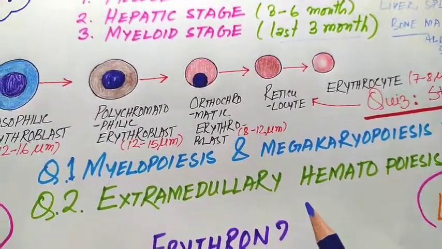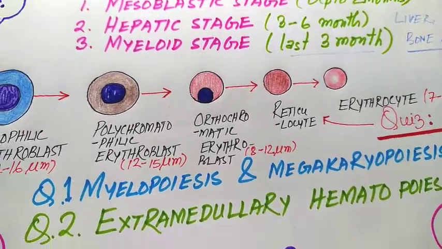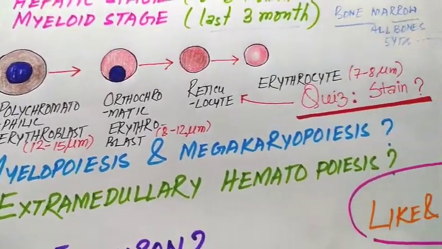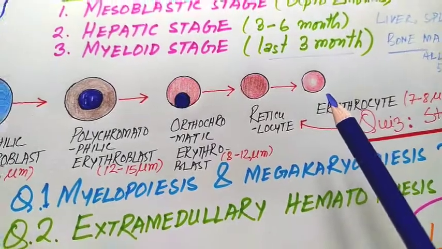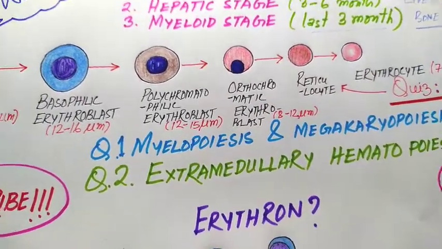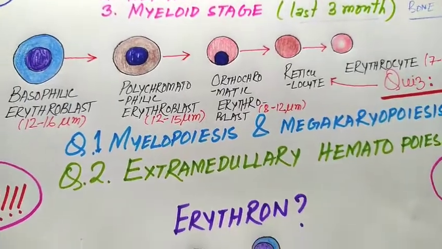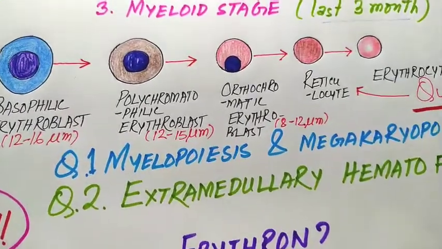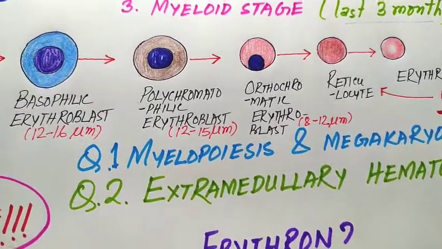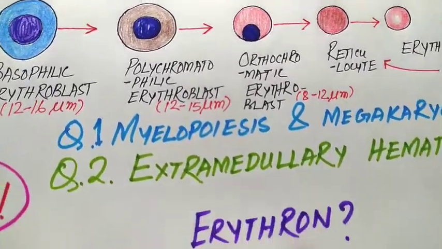But in some cases, there is rapid destruction of the mature RBCs due to hemolytic anemias like thalassemia or any kind of hemoglobinopathy. So there is a rapid destruction of the red cells, and so there is more need to produce RBCs.